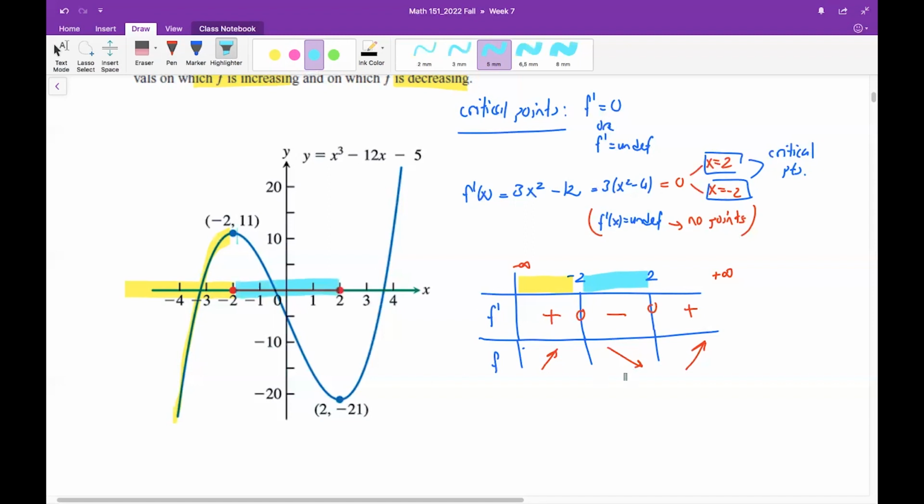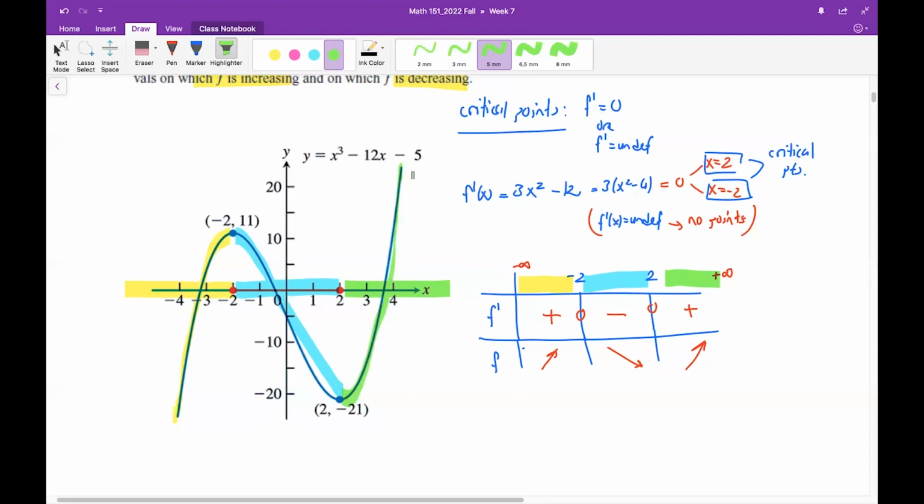Your function is supposed to be decreasing, and yes, it is a decreasing function over there. And over the last interval, from 2 to plus infinity, which is here, your function is supposed to be increasing. Let's check. Verify, yes, our function is increasing over there.